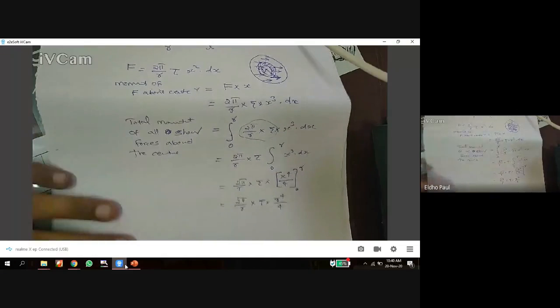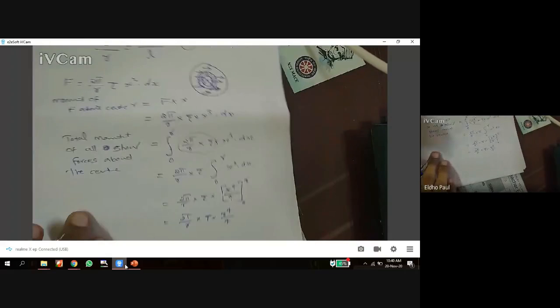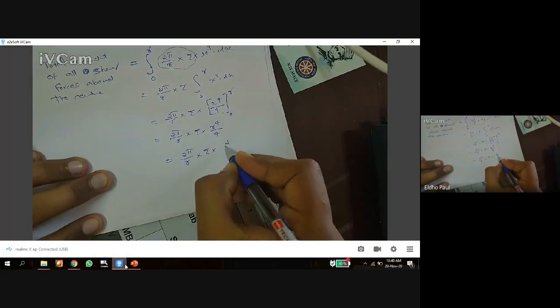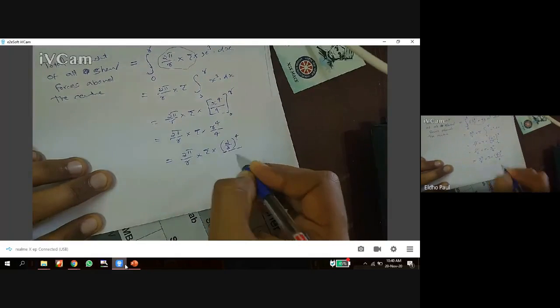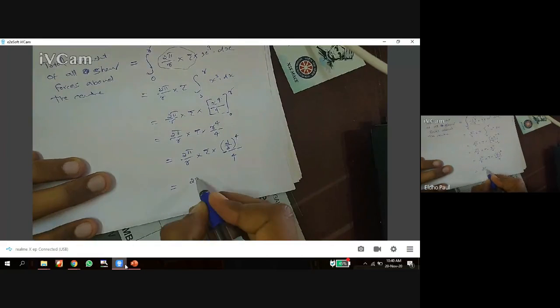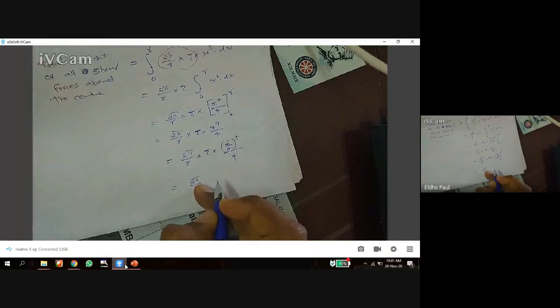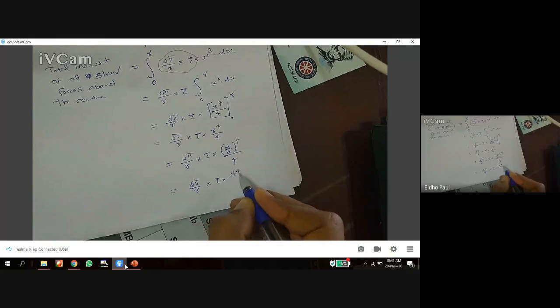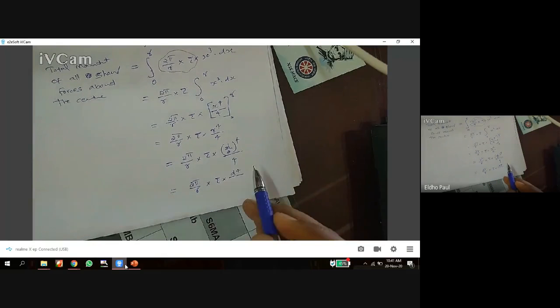I'm converting this r to d. So it is equal to 2 pi by r into tau into, here r is d by 2, d by 2 whole raised to 4 by 4. So this is equal to 2 pi by r into tau into d raised to 4 by 2 raised to 4, which is 2 into 2, 4, 8, 16, 64.